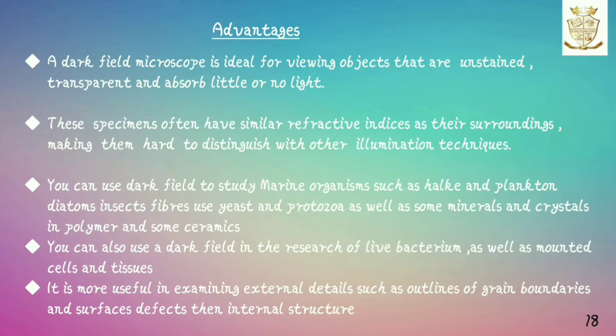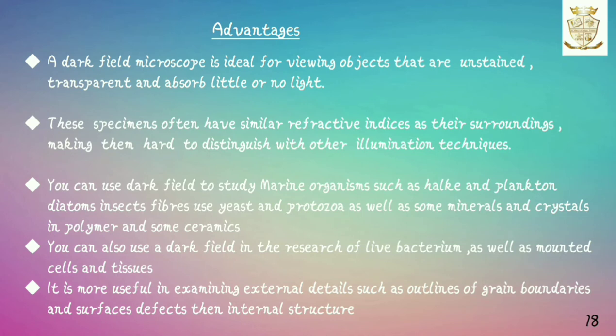You can use dark field to study marine organisms such as algae and plankton diatoms, and insects, fibers, yeast and protozoa, as well as some minerals and crystals in polymers and some ceramics. You can also use dark field in the research of live bacteria as well as mounted cells and tissues.